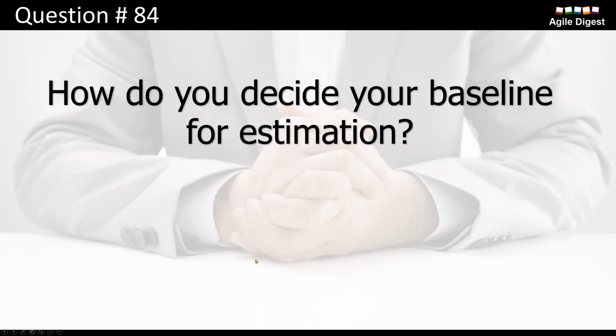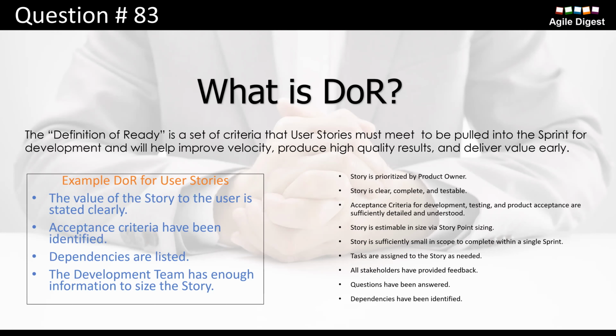Can we read the different examples for DOR just for a second? Prioritized by product owner.